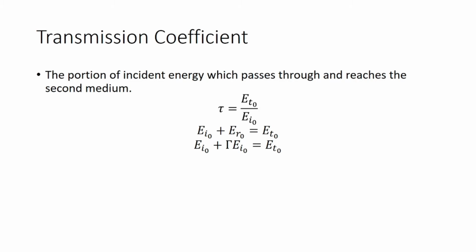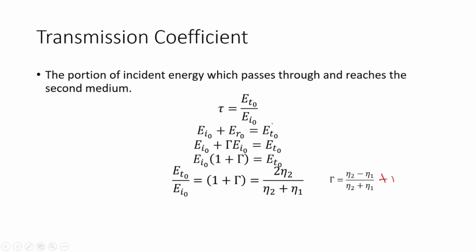Taking Ei naught common, Ei naught times 1 plus gamma equals Et naught, where gamma equals eta 2 minus eta 1 by eta 2 plus eta 1. Therefore, 1 plus this gives 2 eta 2 by eta 2 plus eta 1. This is the amount of energy which gets transmitted to medium 2. So these are the reflection and transmission coefficients in general.